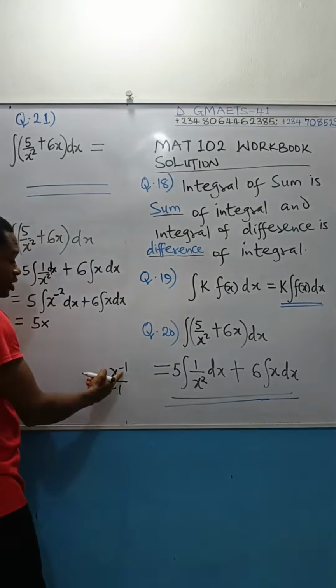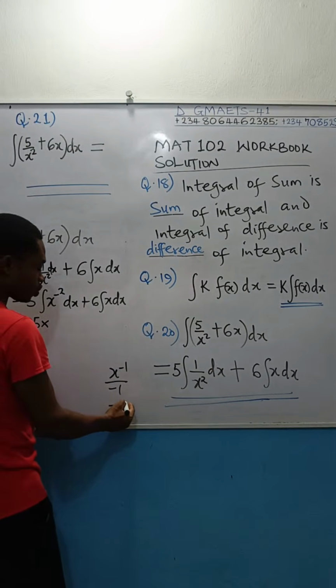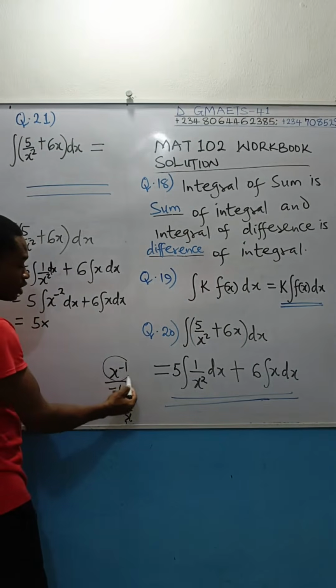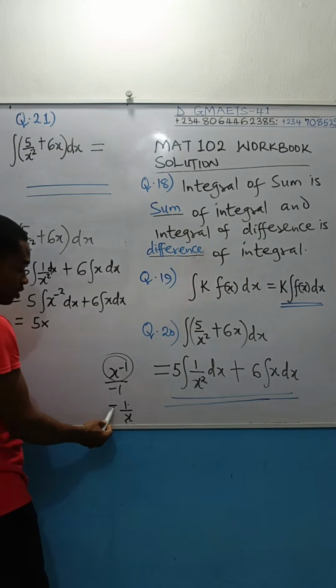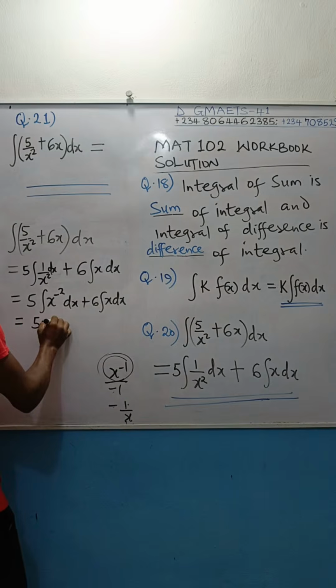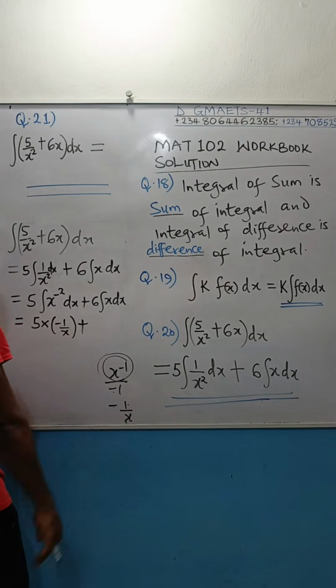So if you simplify it, dividing by minus 1 gives minus 1 over x. This 1 over x comes from this numerator. Then this minus is as a result of dividing this term by minus 1. So this term will now become minus 1 over x. I've shown you the simplification of the term there.